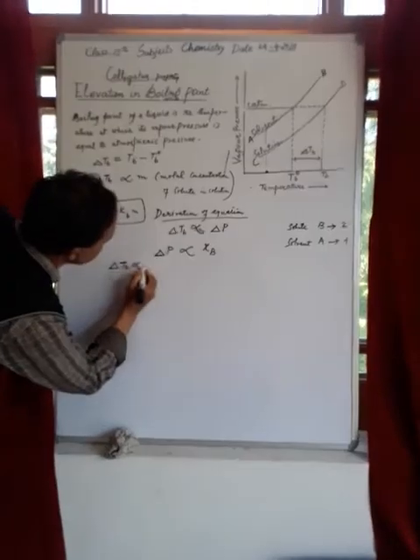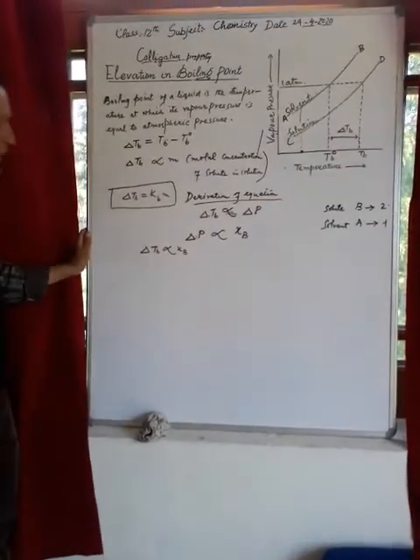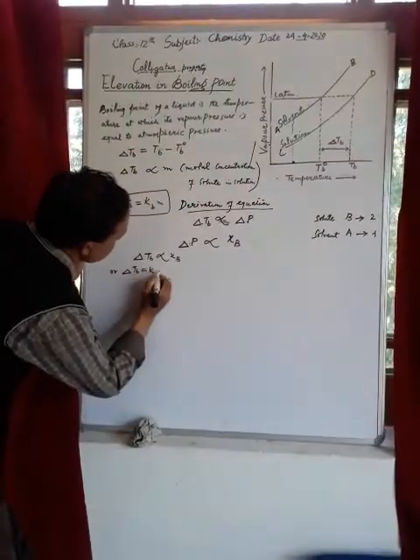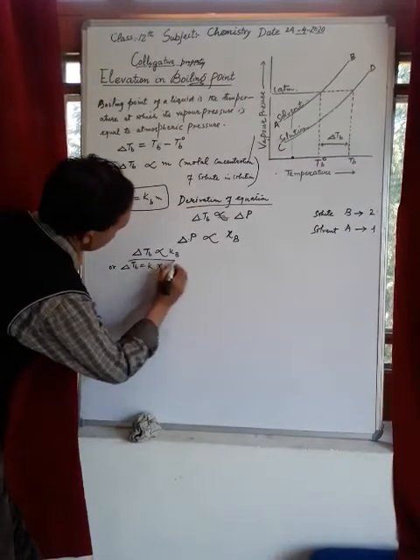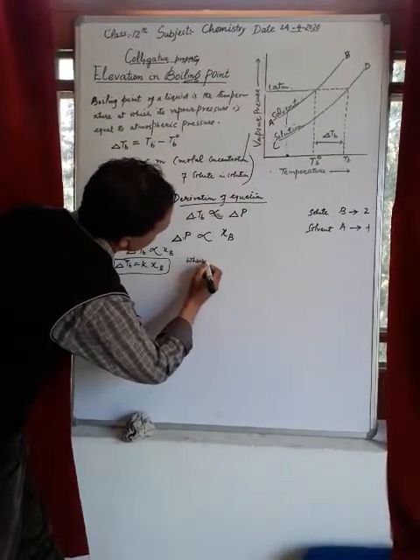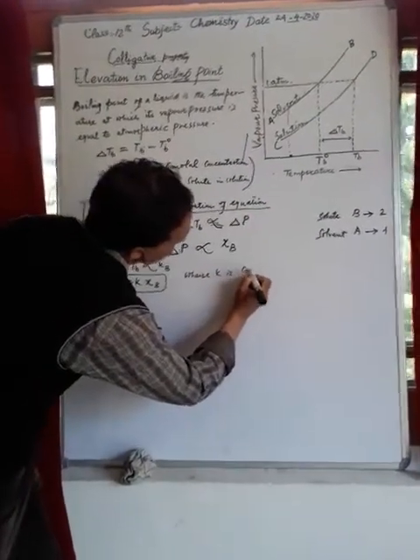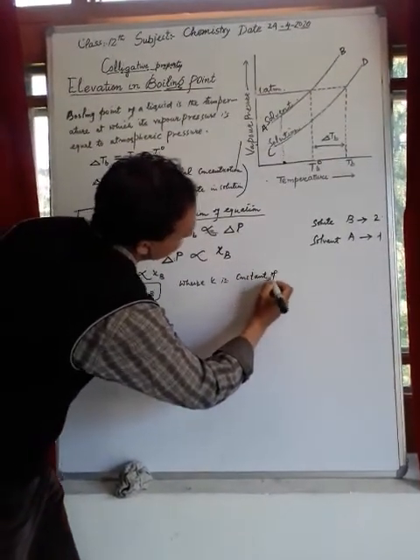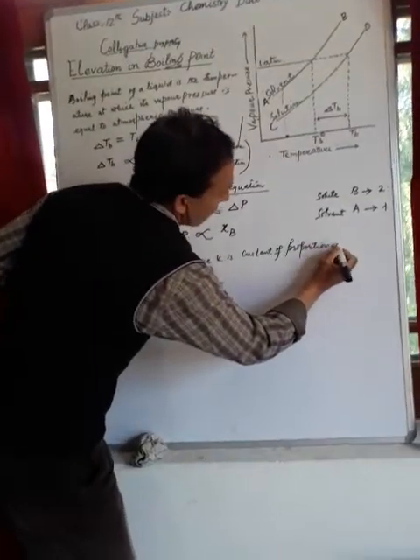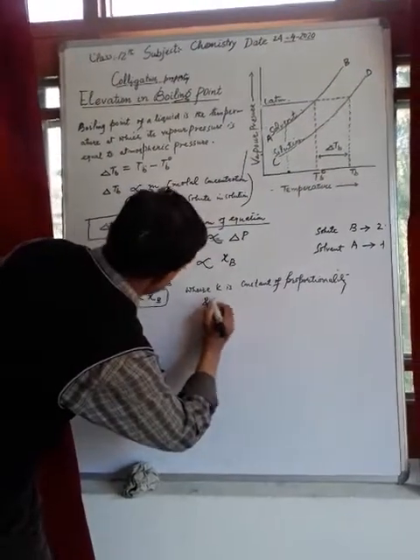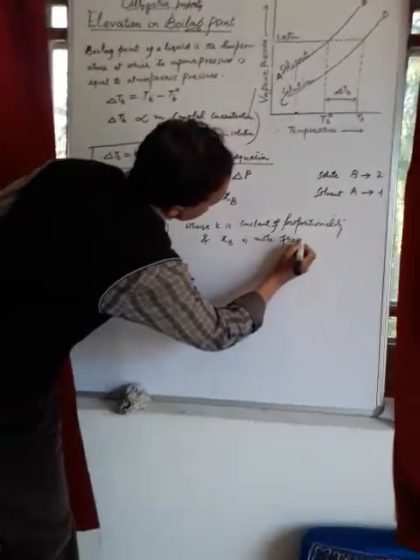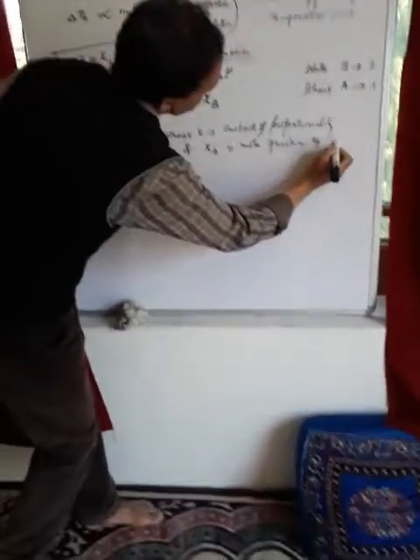So we can write del P is proportional to Xb, or del Tb is equal to K Xb, where K is the constant of proportionality and Xb is the mole fraction of solute.